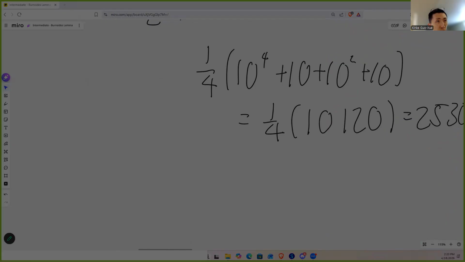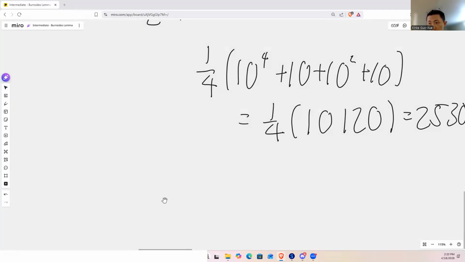So one is if they're all different. So if we have four distinct colors.